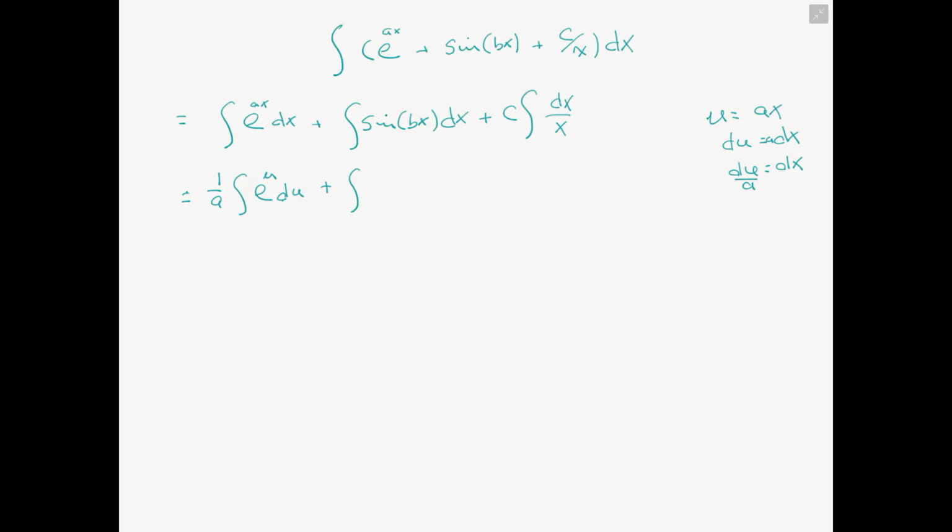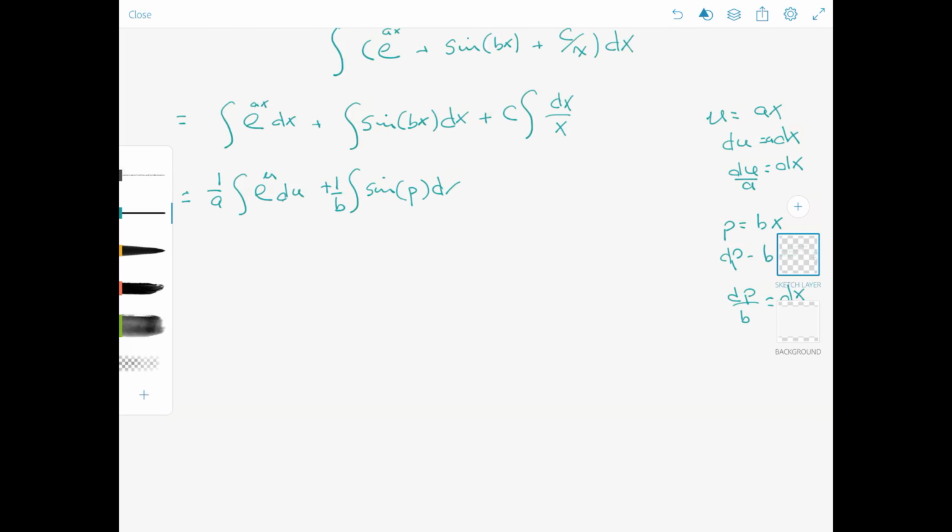So we have 1 on a, e to the u du, plus, now for the sine, let's say p equals bx and dp equals b dx, dp on b equals dx.